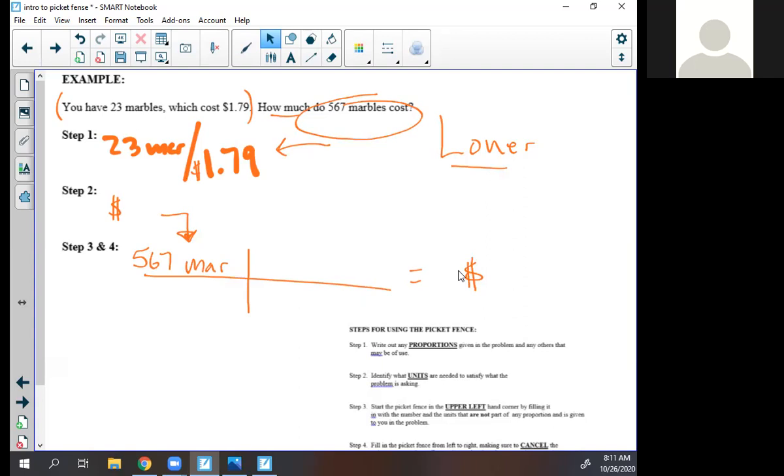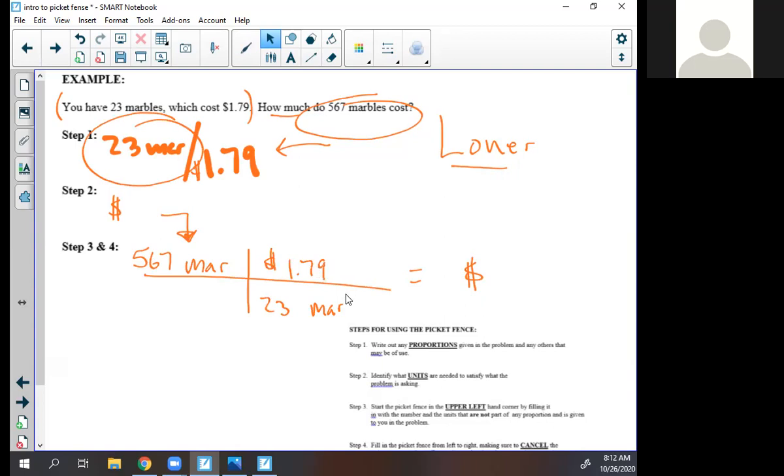Tell your partner what else that tells you in this thing. Means what's right here? Marbles. And what number goes with marbles? There's 23 marbles per every $1.79.